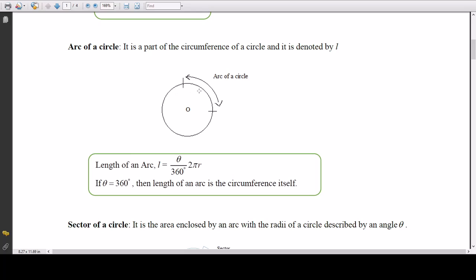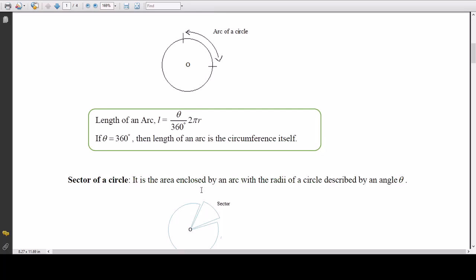So if theta is 360, the arc is the whole circumference, and the formula gives 2 pi r, which is the length of the circumference of a circle.